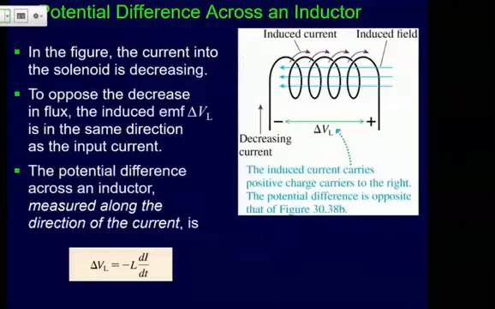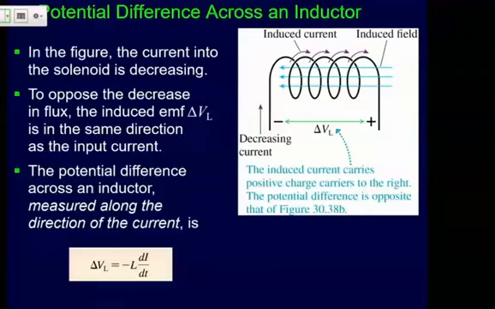On the other side, if we have the current going this way but it's decreasing, then you want to create a magnetic field going that way to keep it the same. In that case, your current is going this way, which has a negative there and a positive there. So the induced current carries positive charges to the right, and in here, this would be negative.